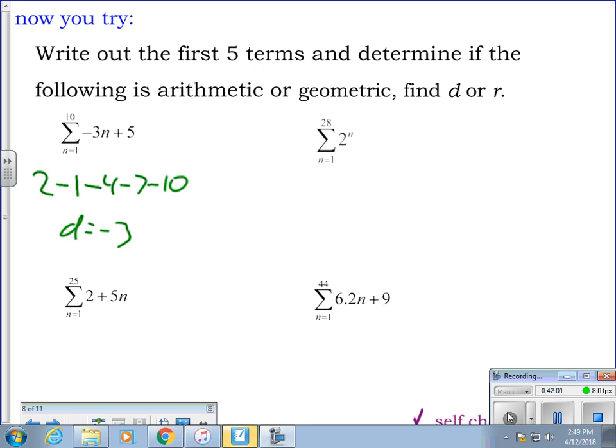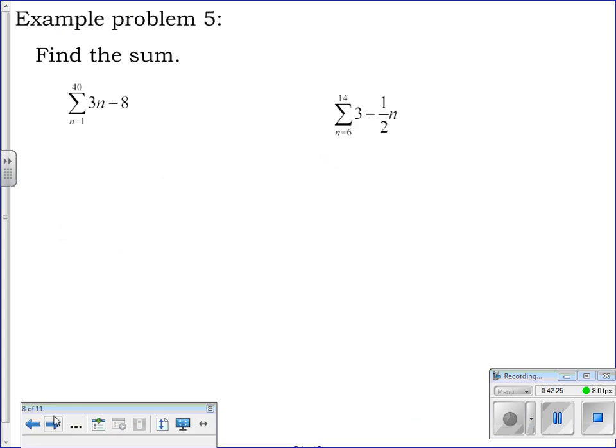This one, 2 plus 4 plus 8 plus 16 plus 32 and so on. And this one is geometric, and r is 2 to the nth. We will work with geometric sequences next time a little better. The formula for adding those together is nasty. Just forewarning.